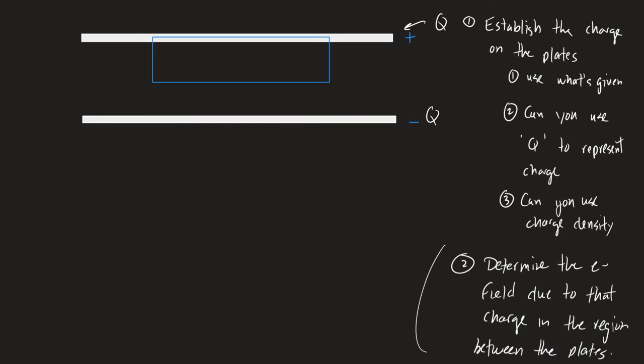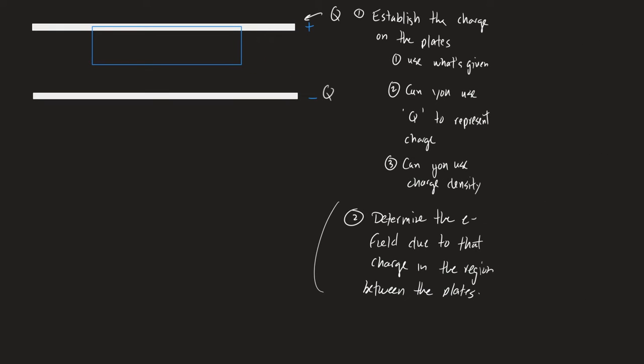Now, again, if the word determine is used, like it is here, you might be able to just say, well, I know that the electric field has got to be this between the plates.